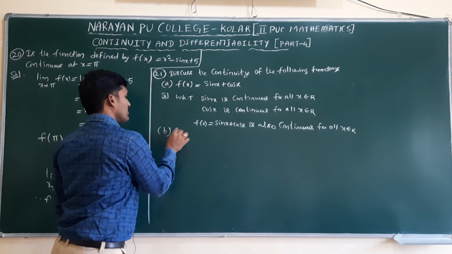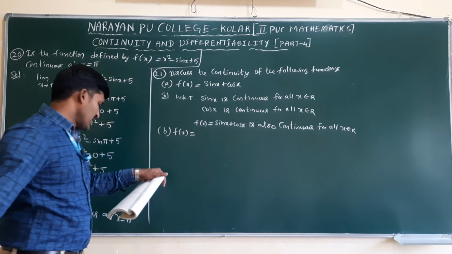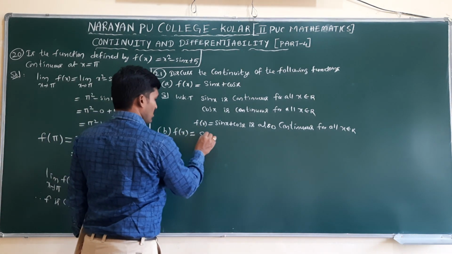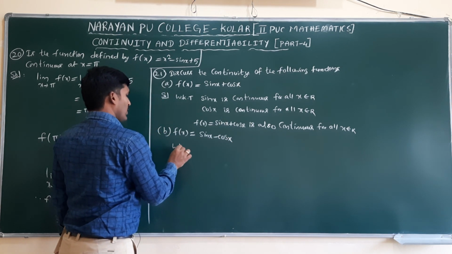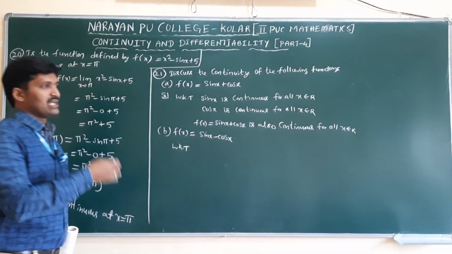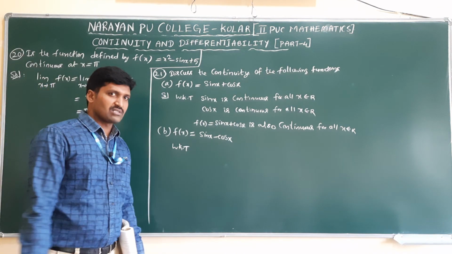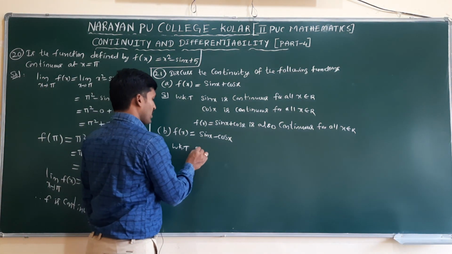Next, B. f of x equal to sin x minus cos x. In the same manner, when two functions are continuous, the difference, multiple and division of the functions are always continuous. In the same manner we are writing here.